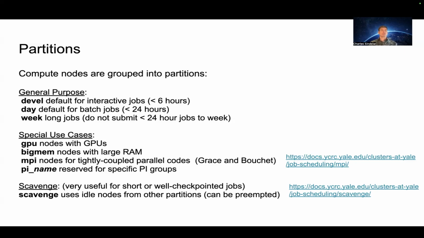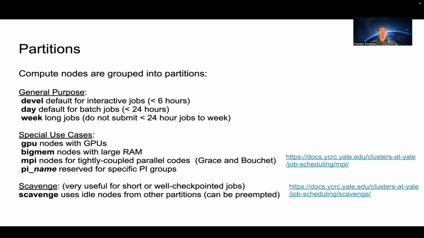There are also special use case partitions, and this includes a partition called GPU, which is available on some of the clusters for hardware that has GPUs. There's a partition called Big Mem, which is for jobs that require extra memory.